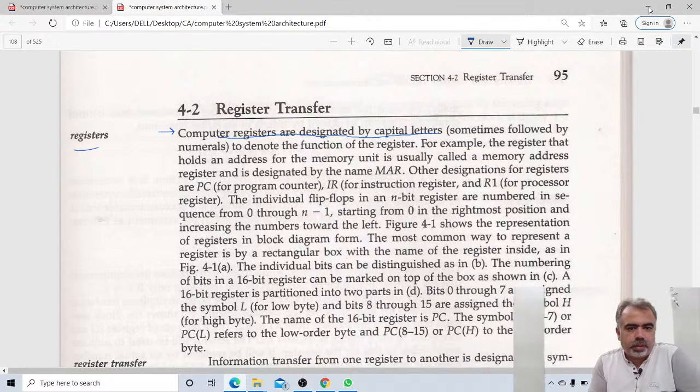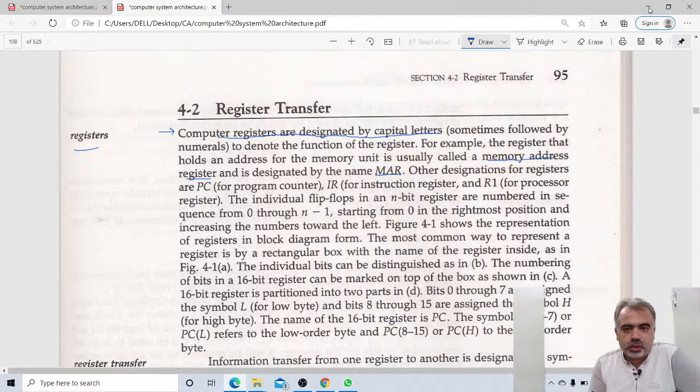For example, the register that holds the address of the memory unit is called the memory address register, and in short it is written as MAR. Every register must be represented with a capital letter.